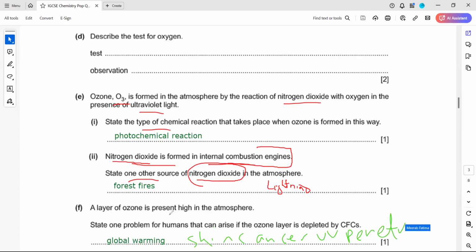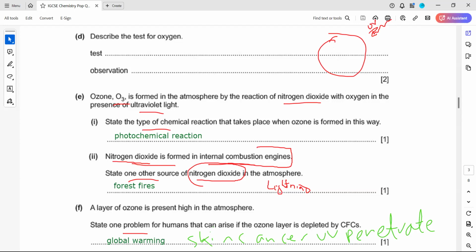A layer of ozone is present in the high atmosphere. State one problem for humans that can arise if the ozone layer is depleted by CFCs, chlorofluorocarbons. What is the effect of the ozone? Ozone has a tendency to absorb the high intensity UV radiation from the sun. So if ozone is depleted, what will happen? A greater amount of UV radiation will enter the atmosphere.